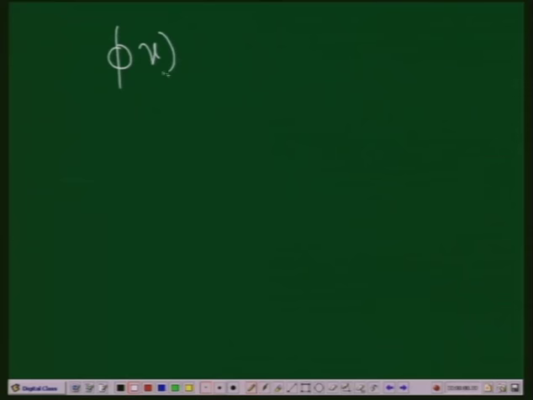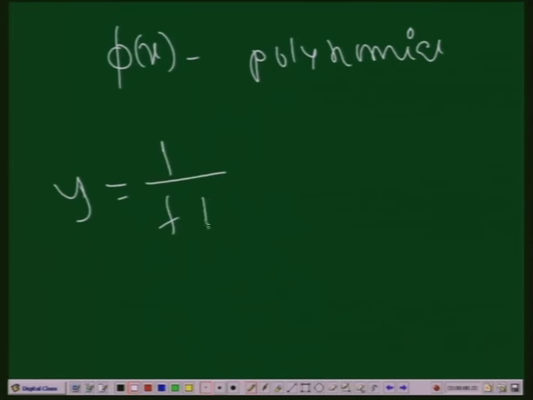Next, the third rule, for polynomial functions, when phi of x is a polynomial. Y equals 1 by f of d operating on phi of x.